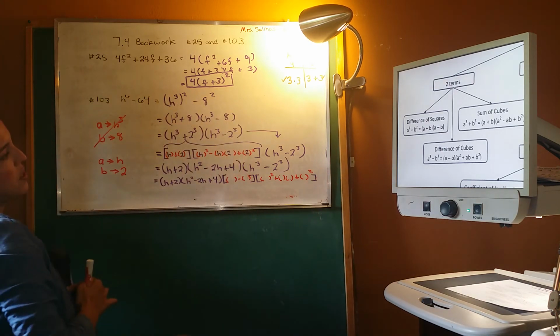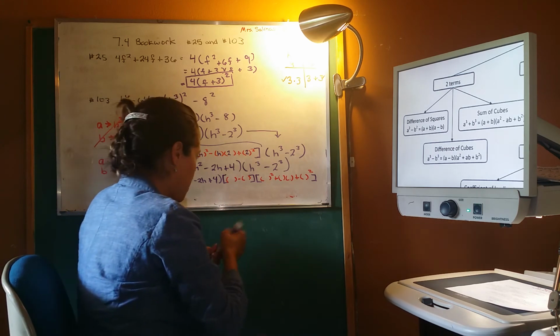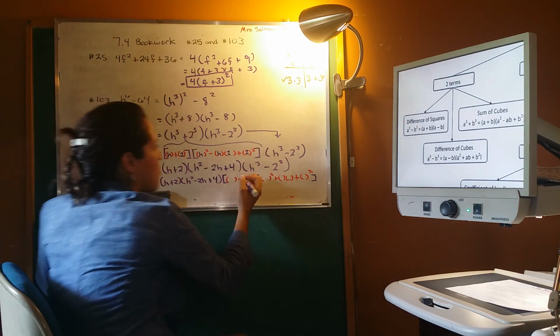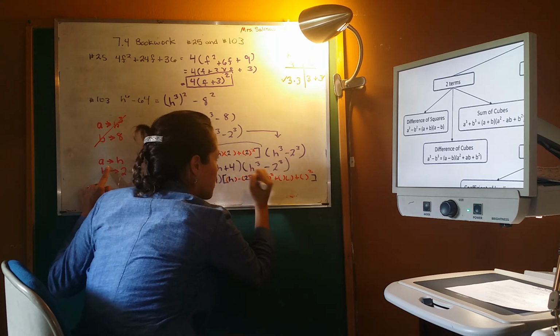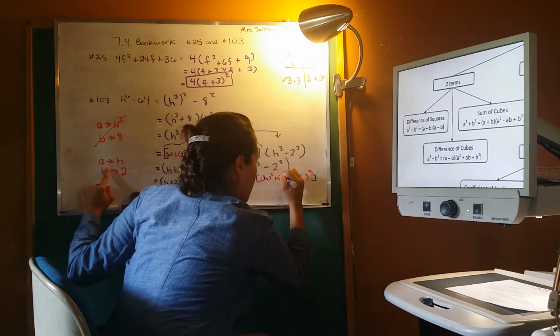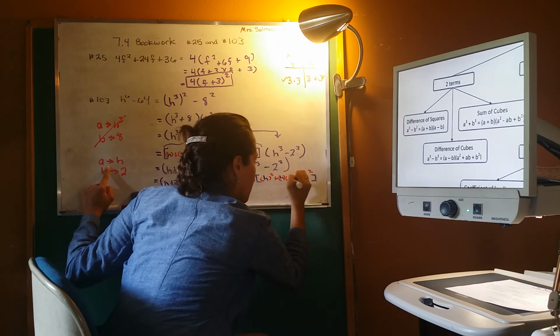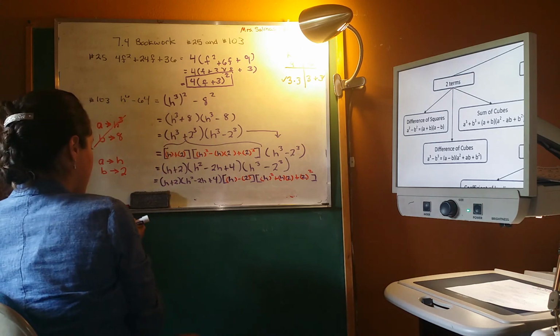So now I've got my parentheses nice and ready for me to fill them in with my h minus, that's going to be my B, and then that's A squared, and then plus AB plus B squared. And then we just simplify.